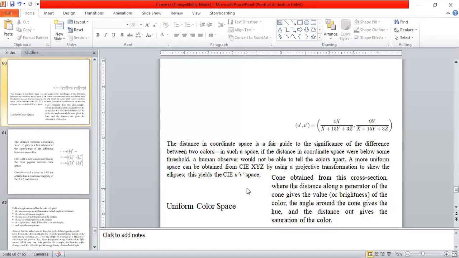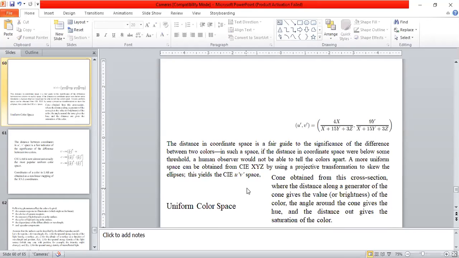So when we use this XYZ space, and we project all the colors available in this XYZ using a projective transformation, right? Then we will get a space called U dash V dash space, right?